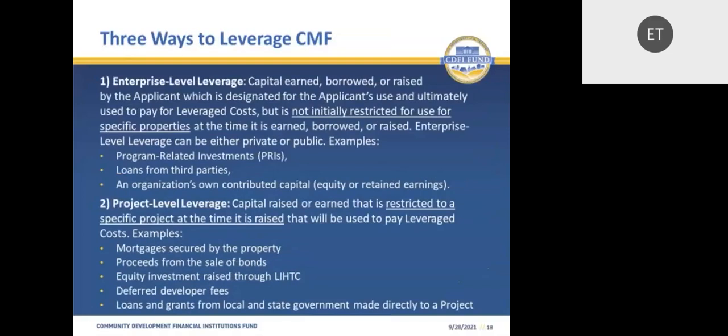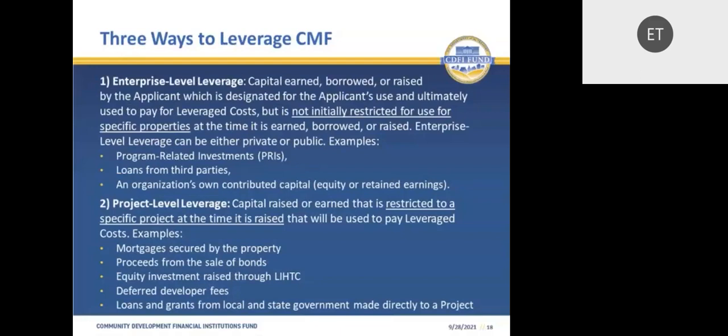Great. So again, within those leverage funds, we've talked about public versus private, and then there are also three different ways to leverage the CMF award: enterprise level leverage, project level leverage, and reinvestment level leverage. First, let's talk about enterprise level leverage.